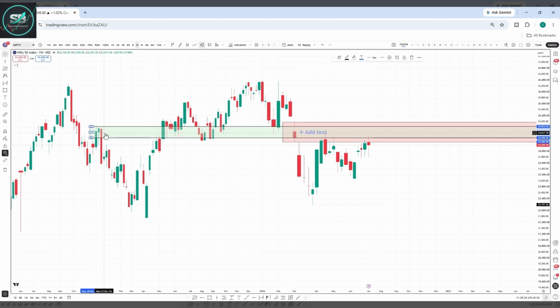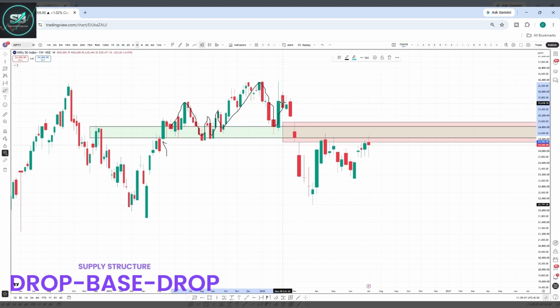After breaking out of this zone with this candle, Nifty went up, came back, took support, again went up, came back, took support, again went up, came back, took support, and it made a rally. Again, when it came back to this zone, you saw a good bounce to the upside in Nifty. Now, when it broke this zone, it created a supply structure here.